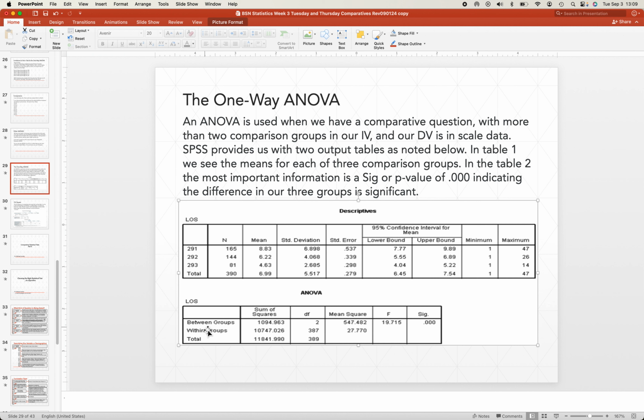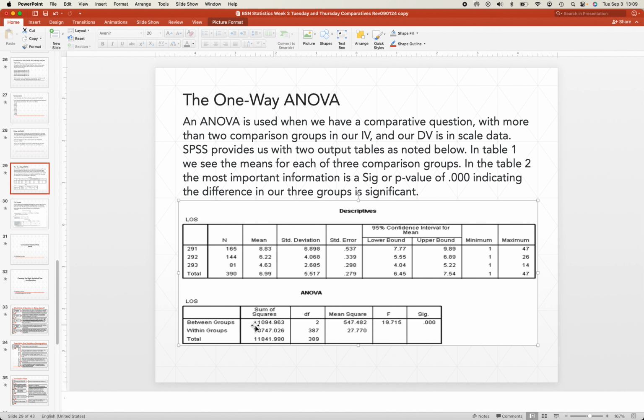The second thing we get from SPSS is our exact ANOVA calculation output. In another class, we talked about degrees of freedom, that's the DF. And from running an ANOVA, we get something called the F statistic.